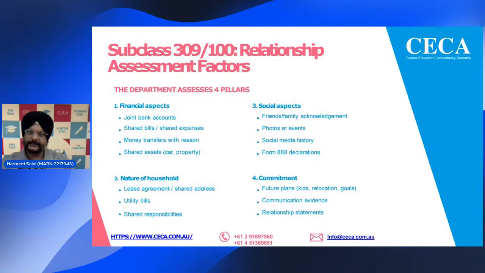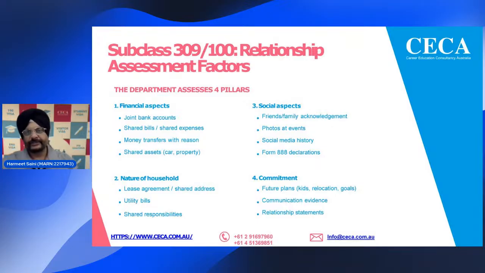For the social aspect, you can provide friends and family acknowledgement, 888 forms, photos, or any travel bookings or hotel bookings. You spent time together. You went somewhere, were on honeymoon. All these evidences you need to provide to prove the social aspect of the relationship, meaning that you are recognized as a couple within society. That is the main motive.